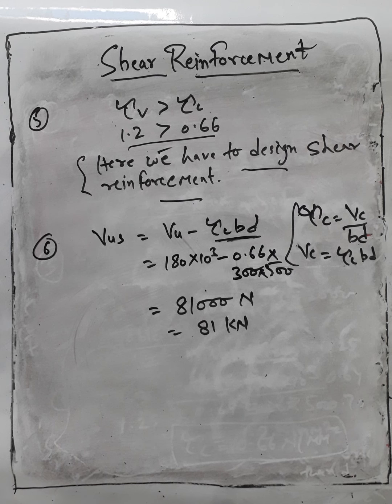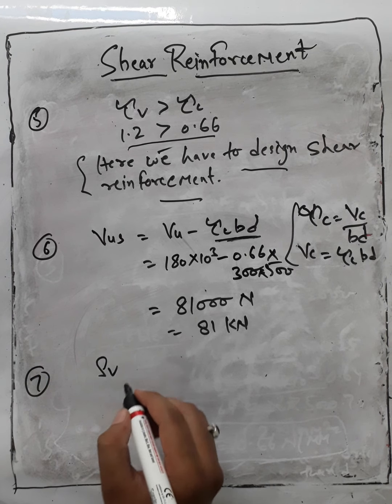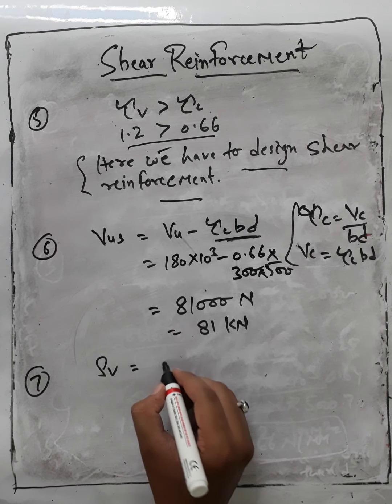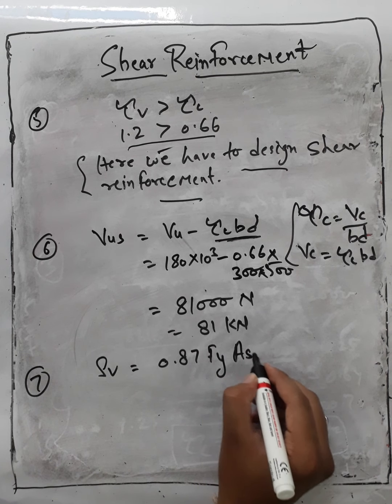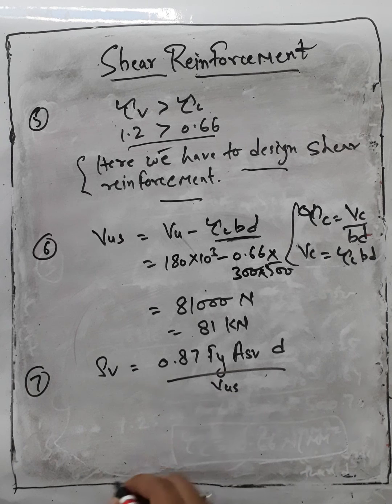After finding the VUS, you have to find the spacing of vertical stirrups, because in our problem we have provided vertical stirrups. For that there is one formula given in the code IS 456:2000: SV is equal to 0.87 Fy ASV d upon VUS.